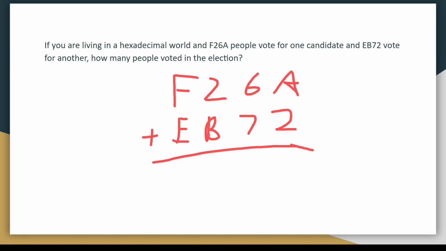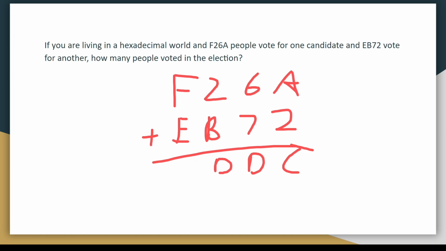So A plus 2 is C, and 6 plus 7 would normally be 13, but 13 is represented by D. Now 2 plus B is also represented by D because B is 11.